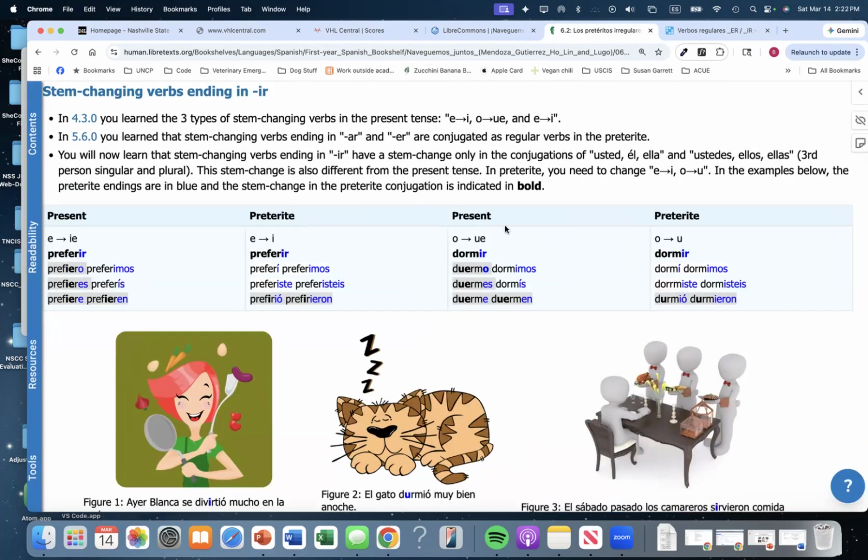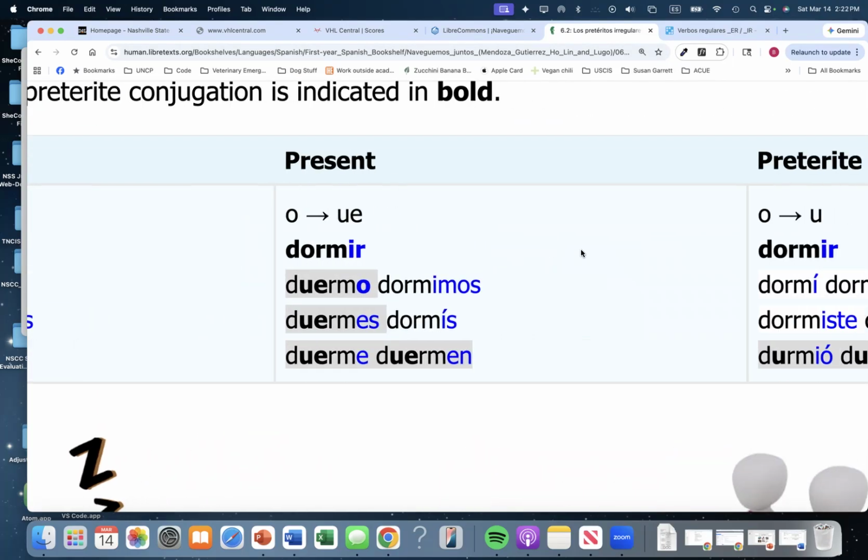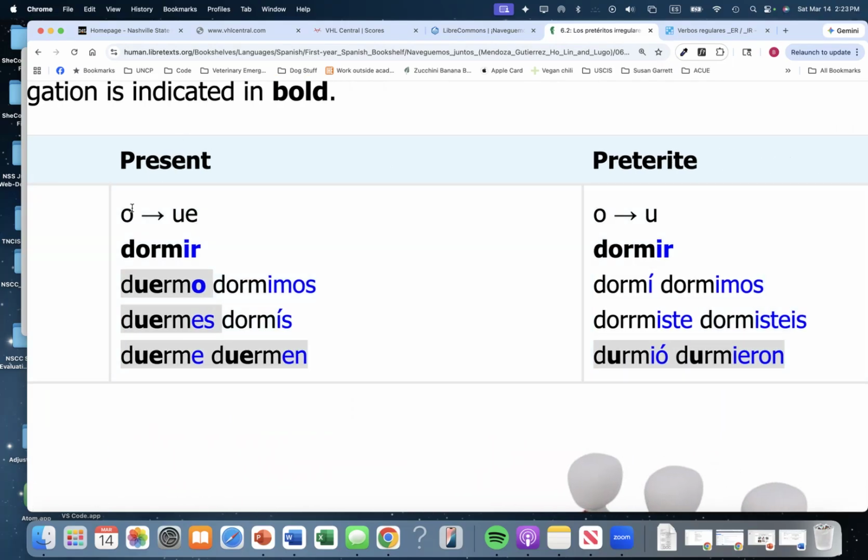Okay, let's take a look at an O to UE verb in the present. Here we have dormir, right? So in the present, it changes from O to UE. So we know this very well. Duermo, duermes, duerme, dormimos, dormís, duermen. Now, what happens in the preterite?